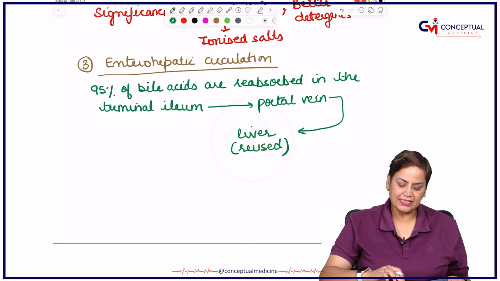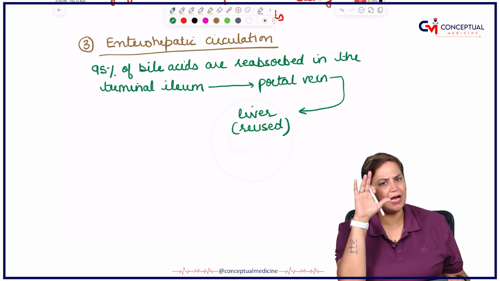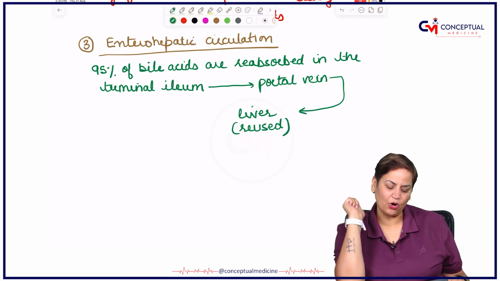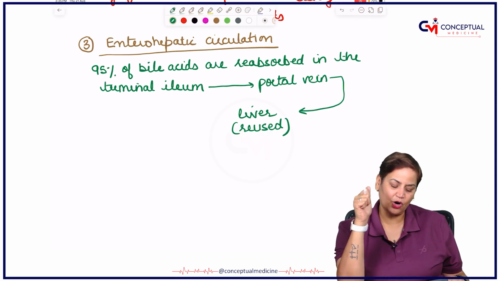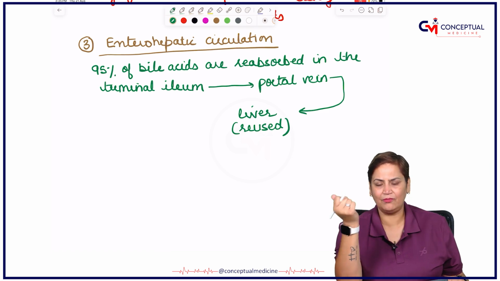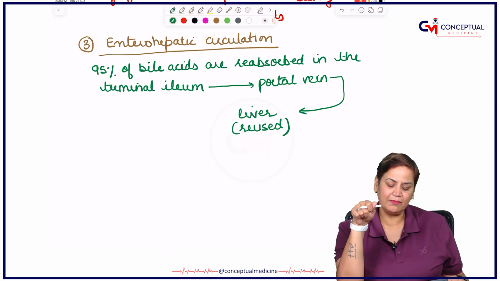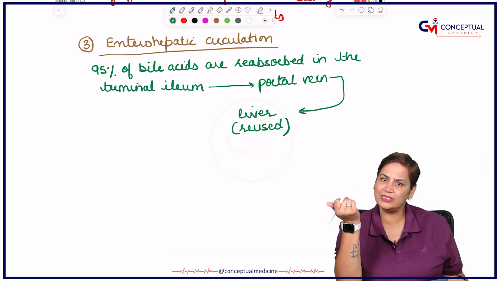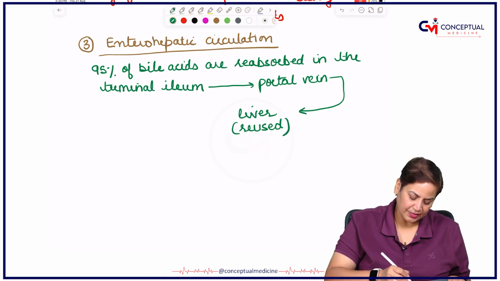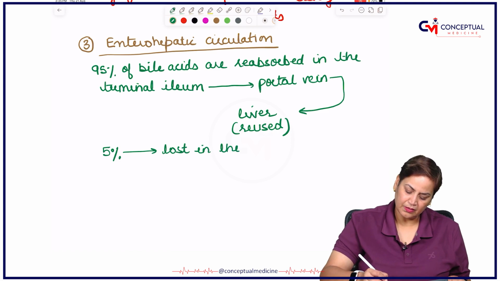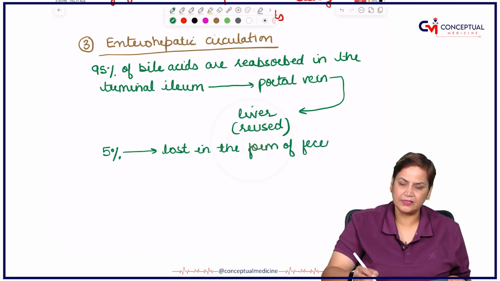Right. So this is enterohepatic circulation, that out of this, 95% of bile acids are reabsorbed by the terminal ileum and via the portal vein they are again sent back to the liver where they can be reused again and again. What about the 5%? This 5% is lost in the form of feces.